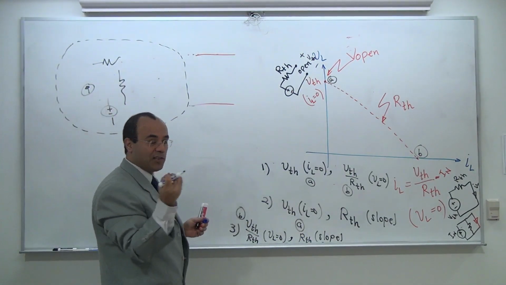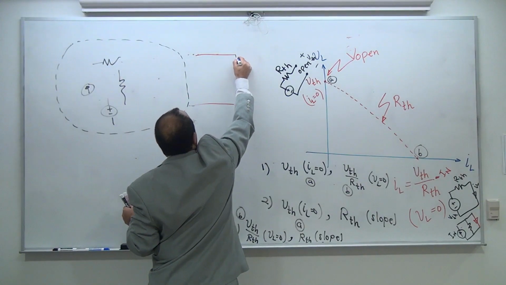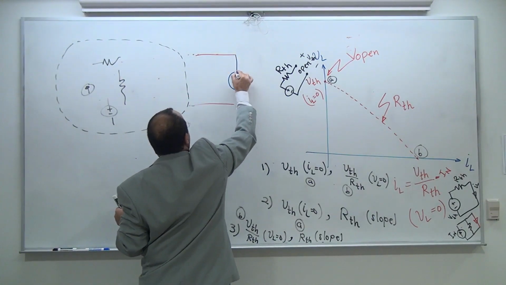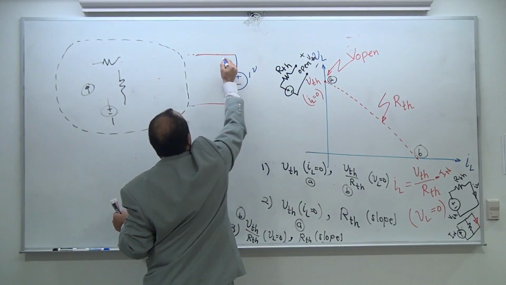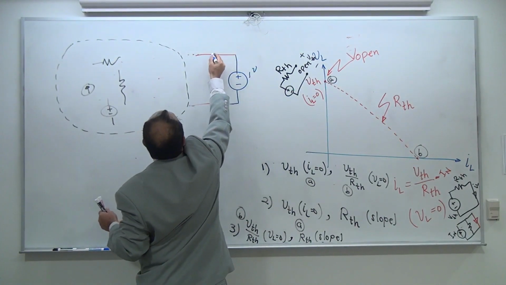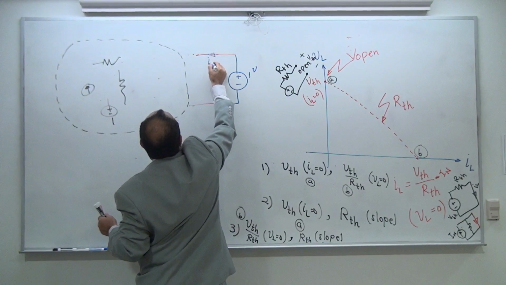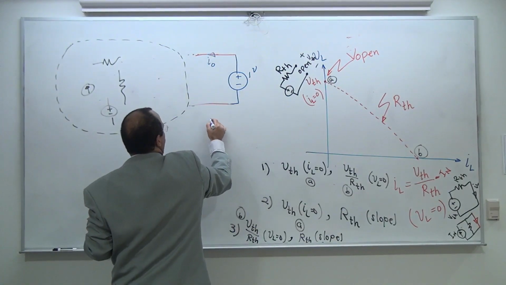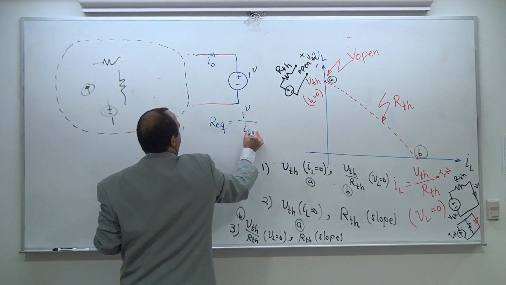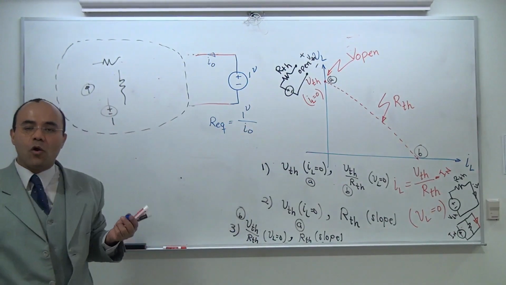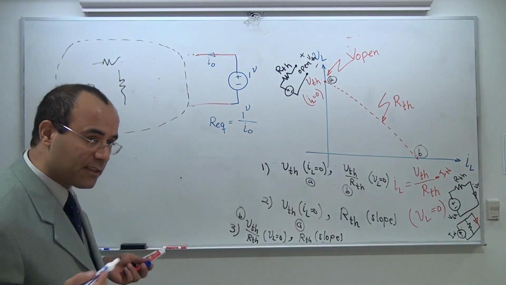The actual definition is this. The actual definition is put a voltage source as a test voltage. Make it, for example, 1 volt. Tell me how much this current is. If you tell me that R equivalent is equal to 1 volt divided by IO. This is going to work even if you have dependent source.